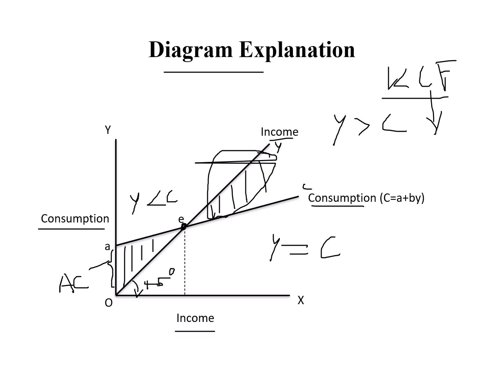According to Keynes, as income increases, consumption also increases, but consumption does not increase as much as the increase in the income level. So this portion is the Keynesian consumption function.